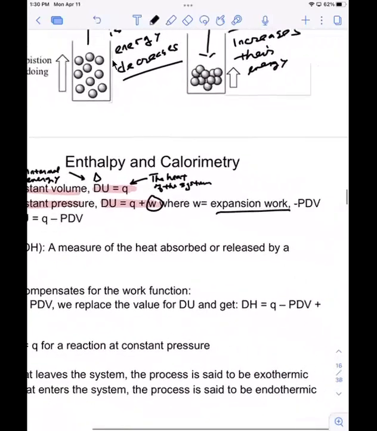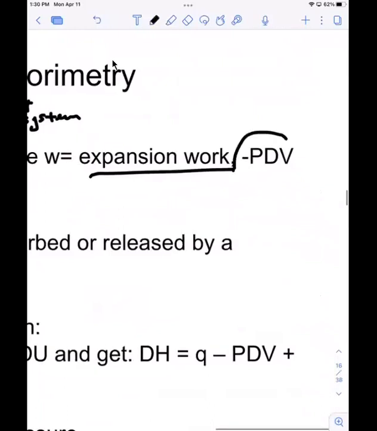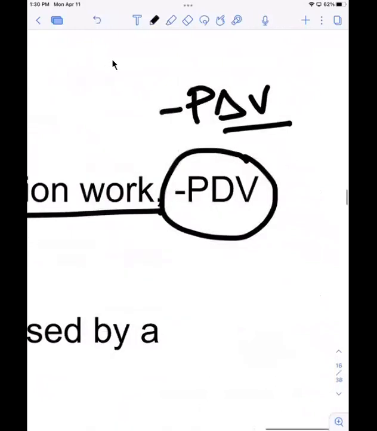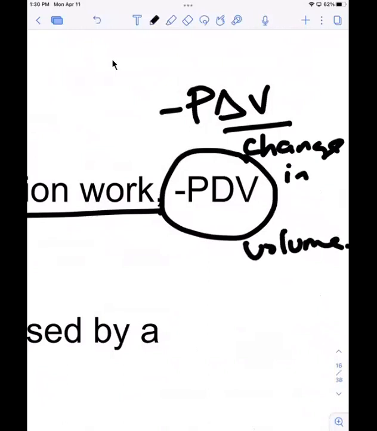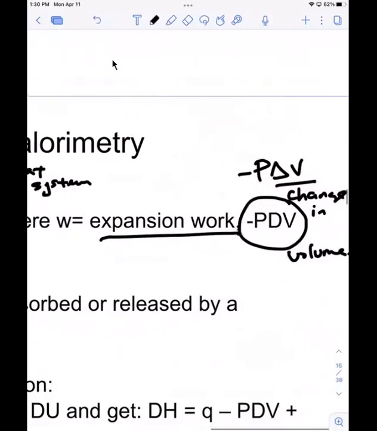And that is this value here. So negative P delta V, where delta V is the change in volume. And P is the pressure.